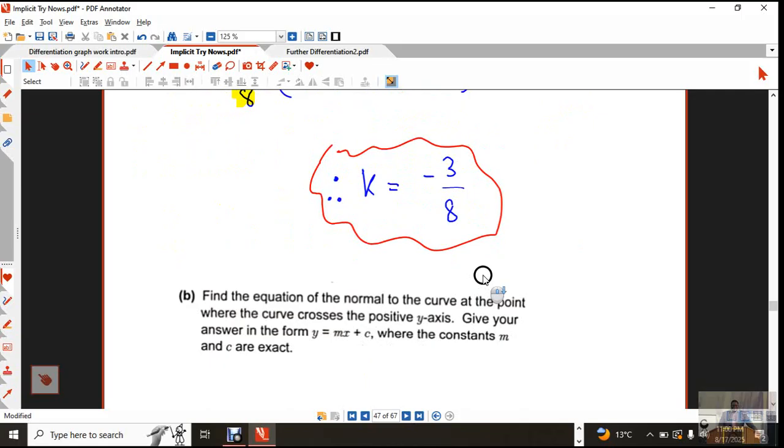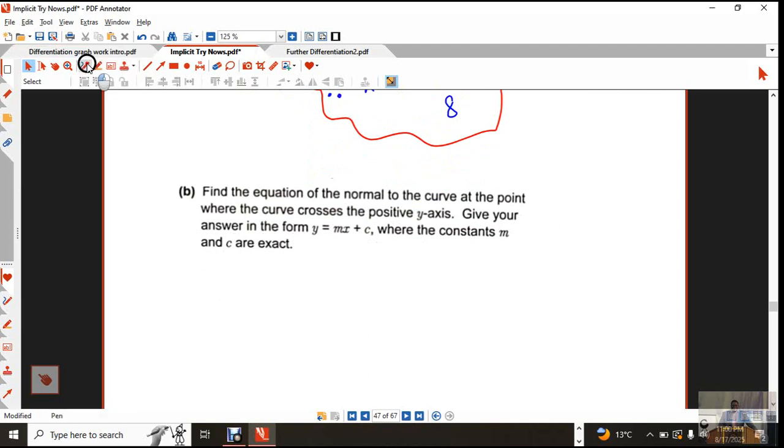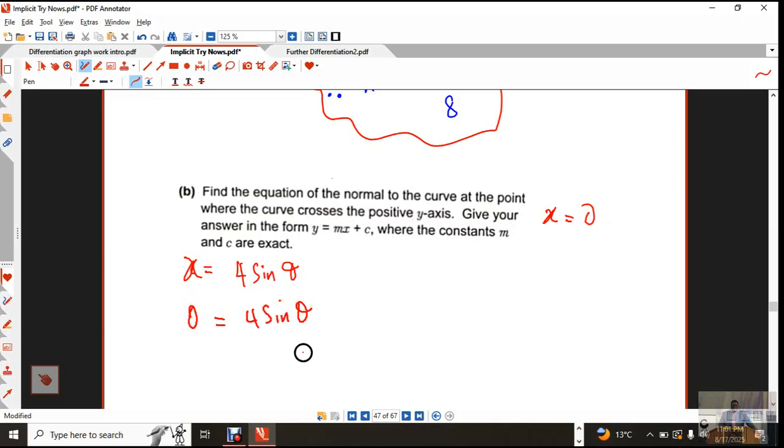So if we were to find our original values, remember our x equation was x is equal to 4 sine theta, and we say it crosses the positive y-axis, and this happens when x is equal to 0. So that will be 0 is equal to 4 sine theta. Where does that equal 0? So of course this is going to be sine theta is equal to 0.